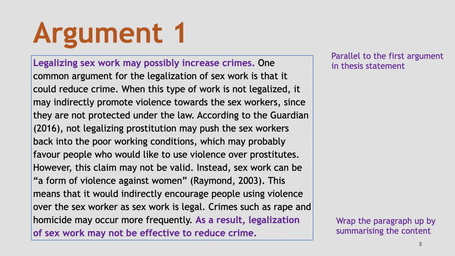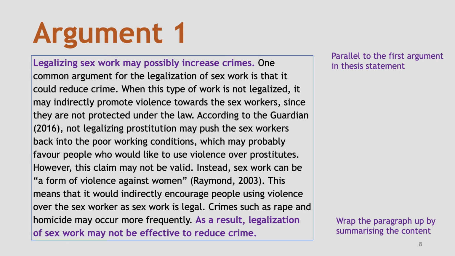And here comes the paragraph containing the examples or the arguments or the points supporting the writer's first argument. You can see at the beginning of the first argument paragraph, it's got the topic sentence parallel to the first argument in the thesis statement.